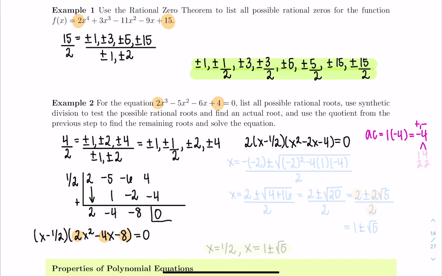And the factors of 4 are 1 and 4 and 2 and 2. Now none of those add up to -2. So that means I need to go to the quadratic formula.